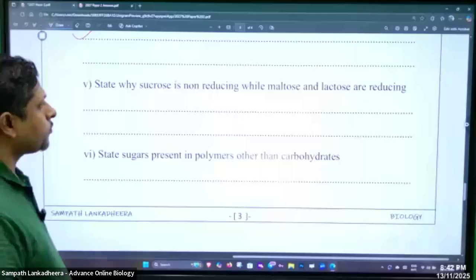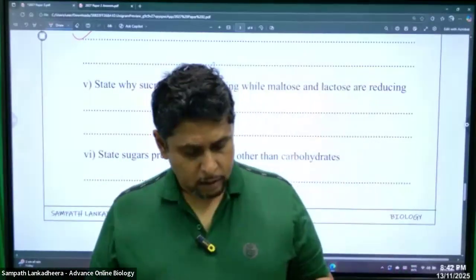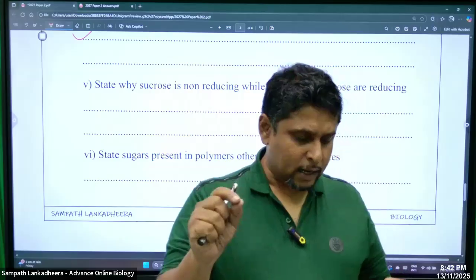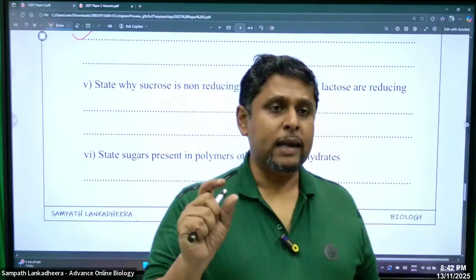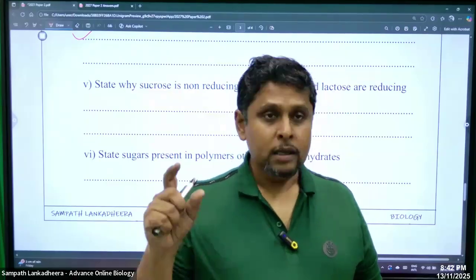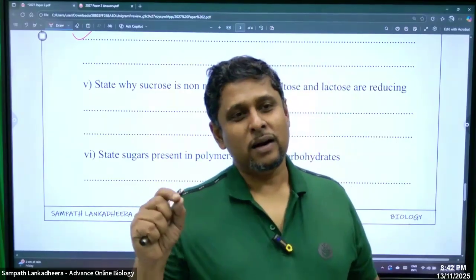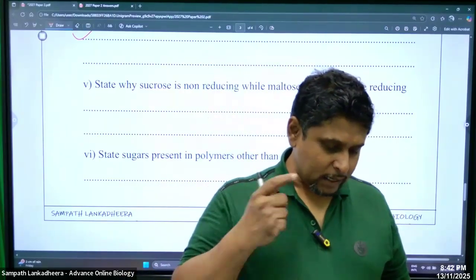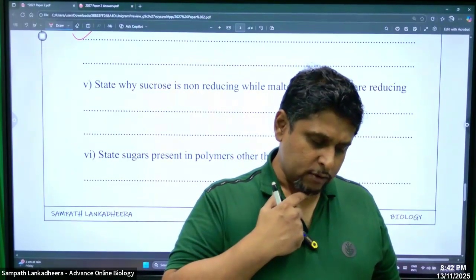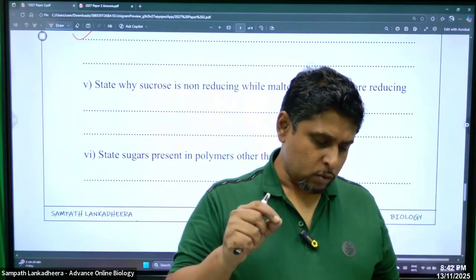State why sucrose is non-reducing while maltose and lactose are reducing. In sucrose, both carbonyl carbons are engaged in the formation of the glycosidic bond, whereas in maltose and lactose, there is one free reducing end present.